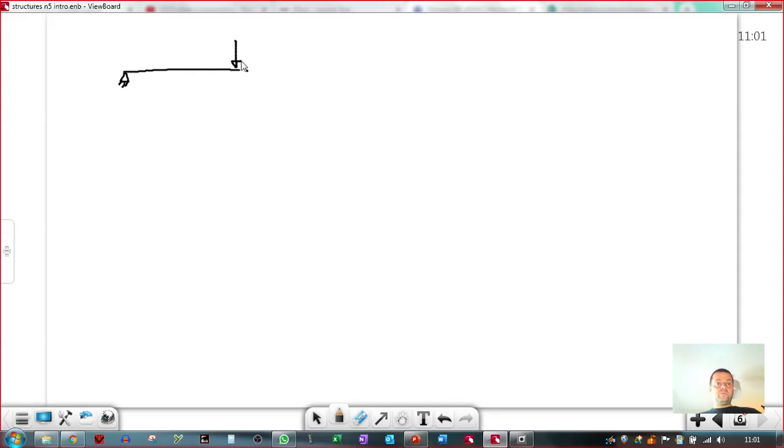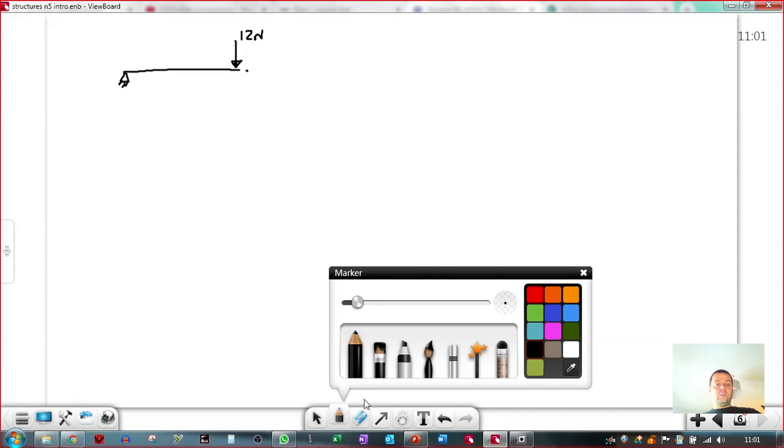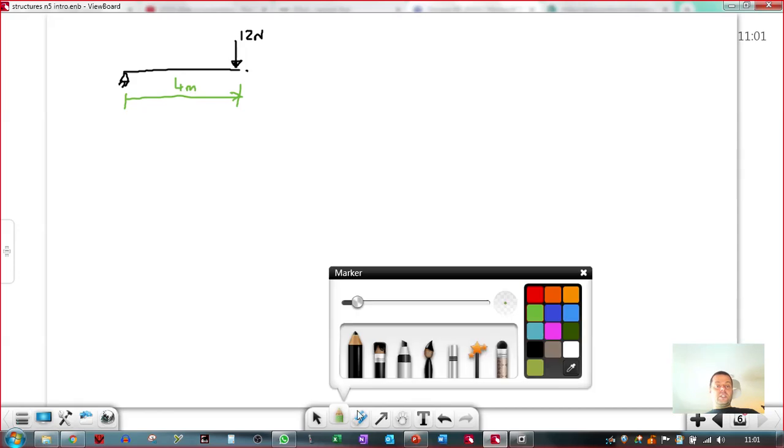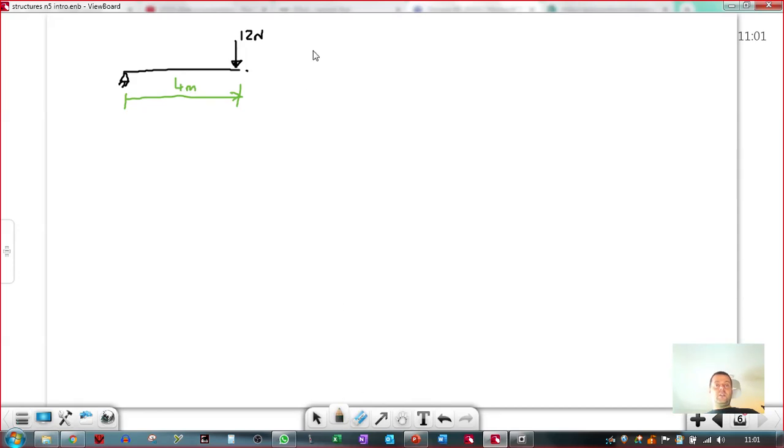I'm going to give a 12 Newton force acting at a distance of 4 meters. And the question is, calculate the moment acting on the lever.